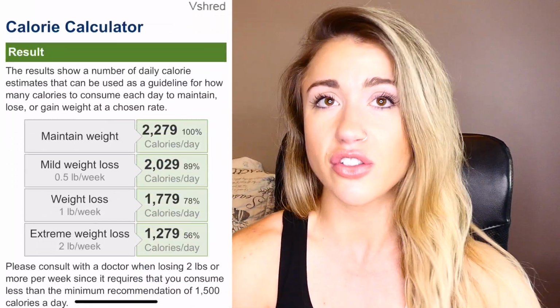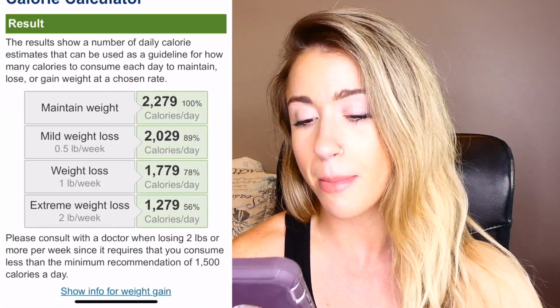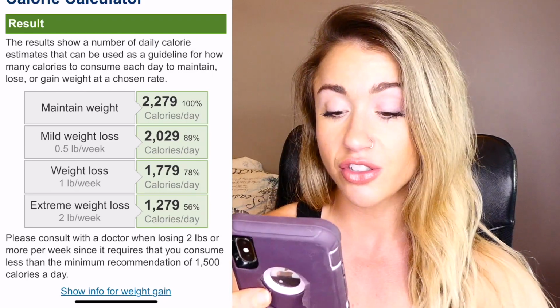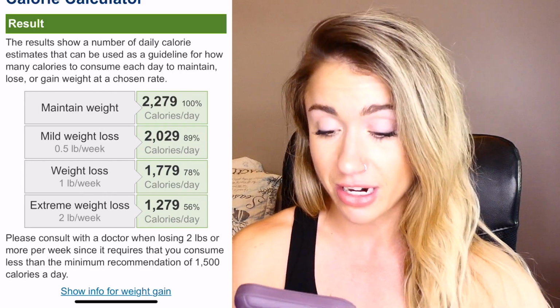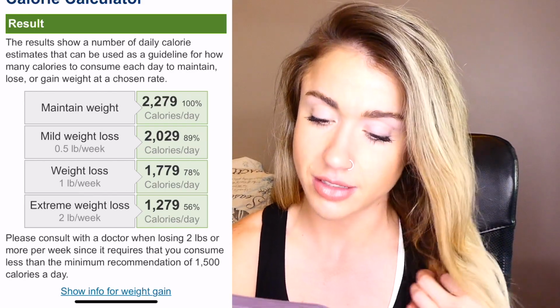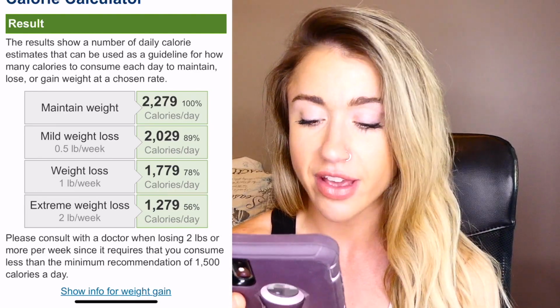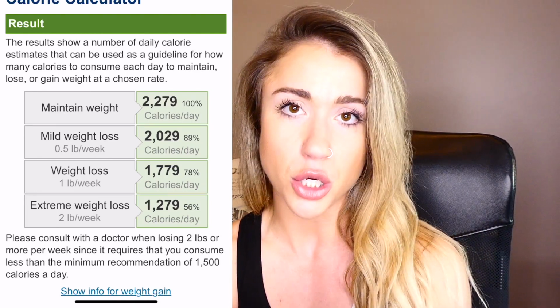Well, that's actually, okay, so this is another good reasonable amount. So for mild weight loss, it actually says 2,000 calories, so higher than the if it fits your macro calculator. And then for weight loss, it's 1779. So pretty close. And then extreme weight loss, we don't go there.